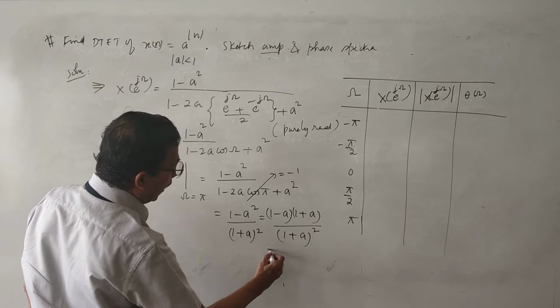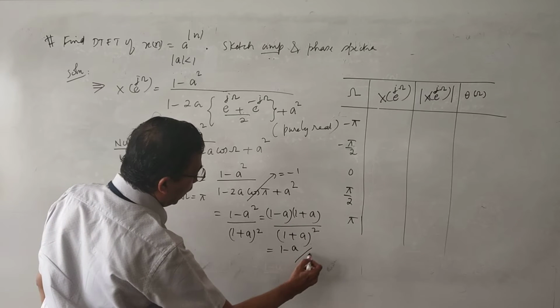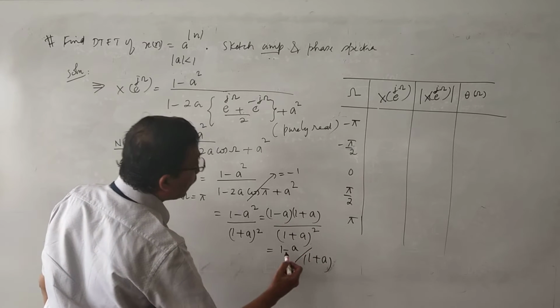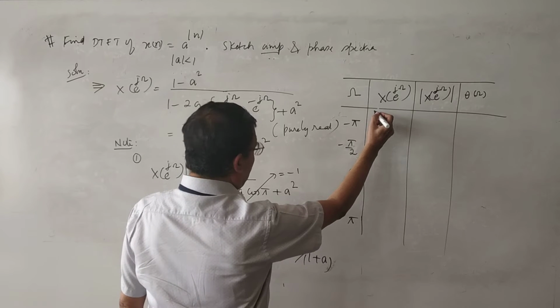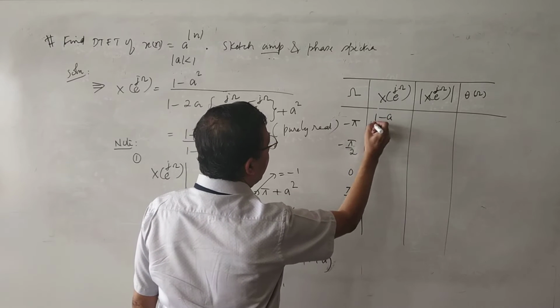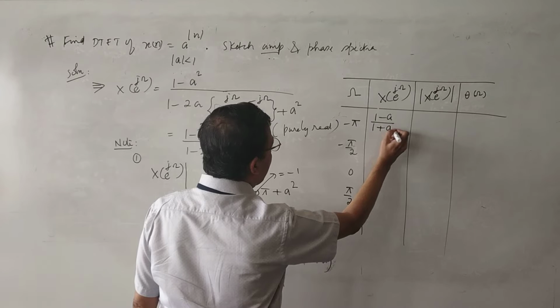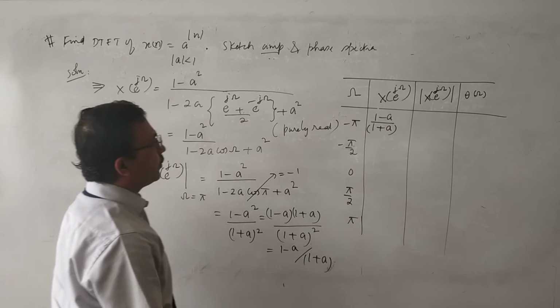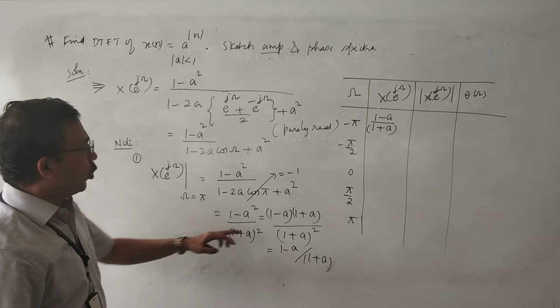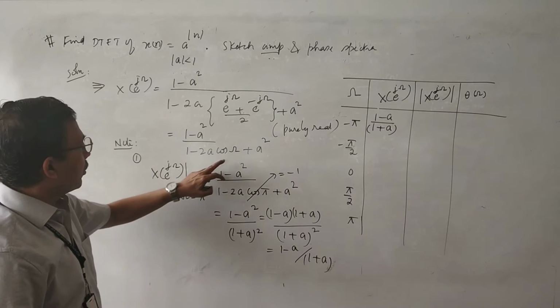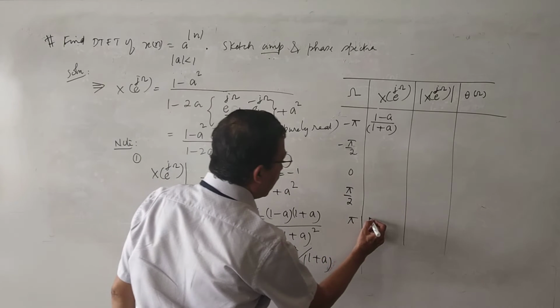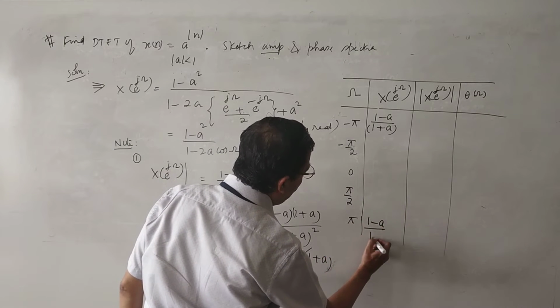So 1 plus a cancels out, that gives you 1 minus a by 1 plus a. So I write here 1 minus a divided by 1 plus a. When you put plus pi also, you get the same expression. So I write here 1 minus a by 1 plus a.